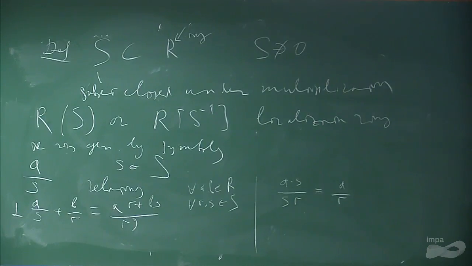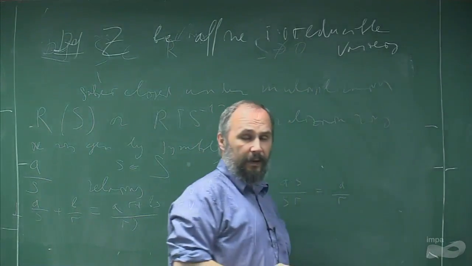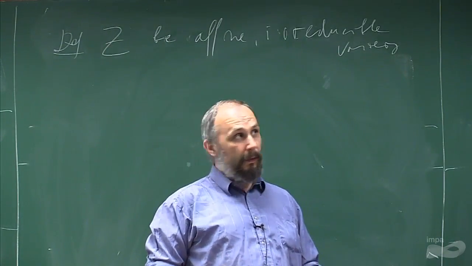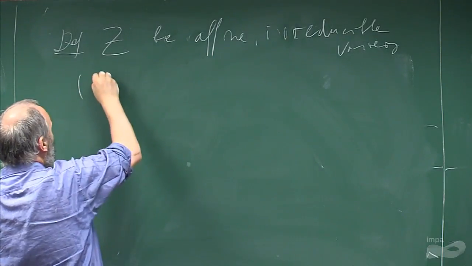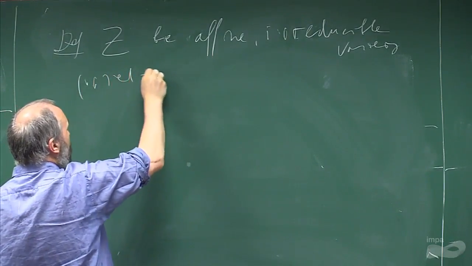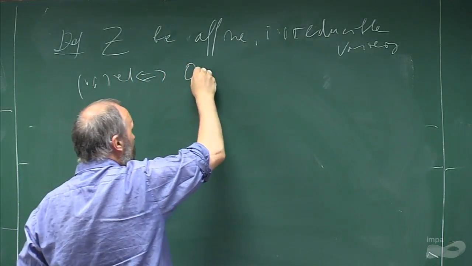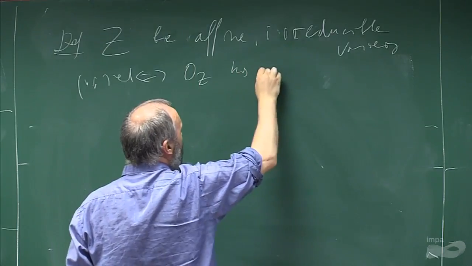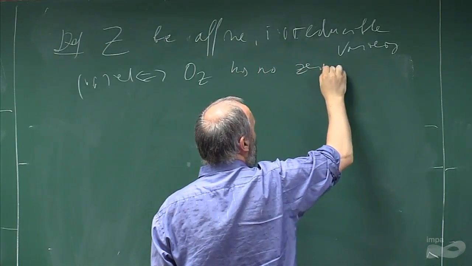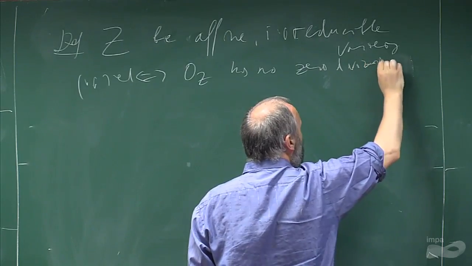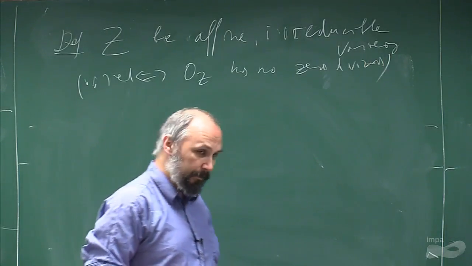Let Z be an affine irreducible variety. If you remember, irreducible is the same as the ring of functions having no zero divisors. It's a domain, I think it's also called.